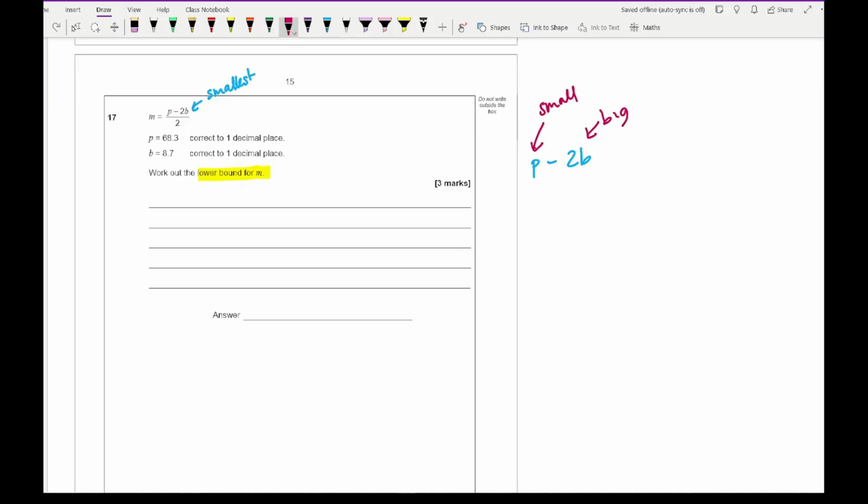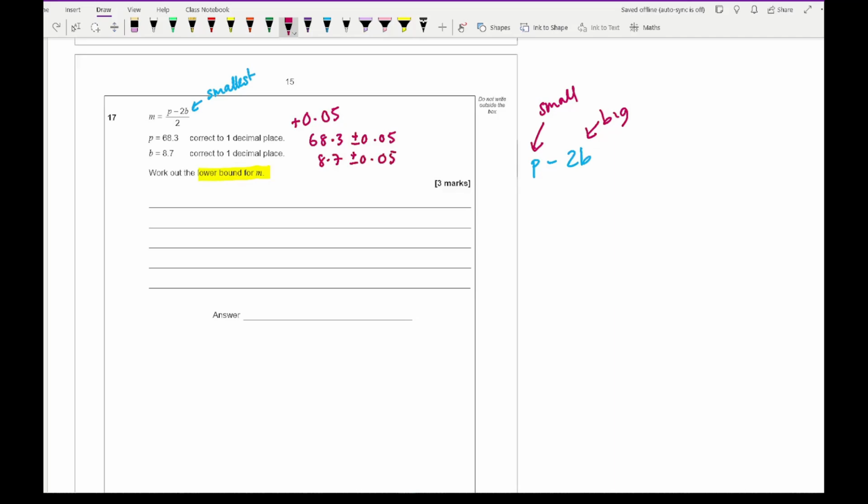So if I look at the values of p in terms of the upper and lower bounds, to 1 decimal place, I'm just going to be adding and subtracting 0.05 to both these numbers. So I've got 68.3 plus or minus 0.05, and for 8.7, again, I'm going to be adding and subtracting 0.05.